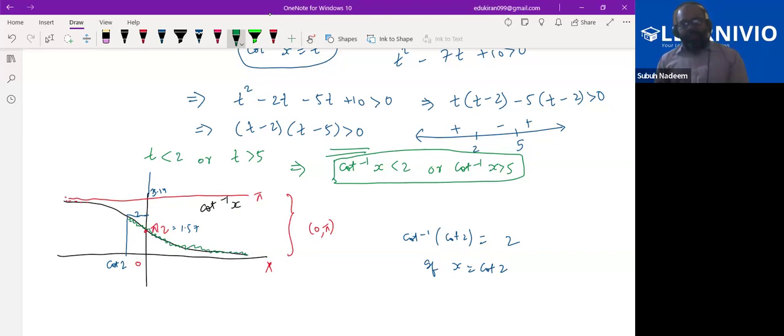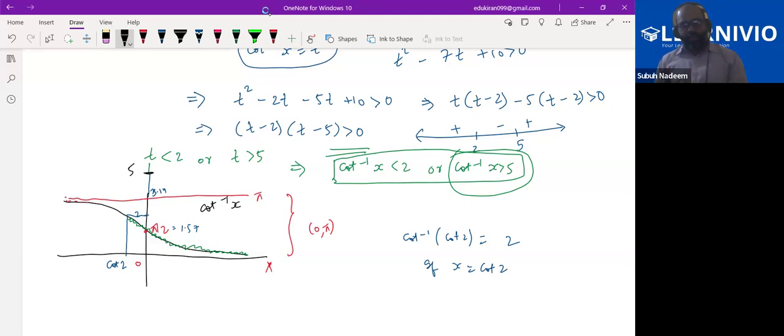And another solution was cot inverse x is greater than 5. But that solution will not give you any region. Why will that solution not give you any region? Because 5 is greater than 3.14, and no part of the graph is greater than 5. The graph lies between 0 and pi, 0 to 3.14.